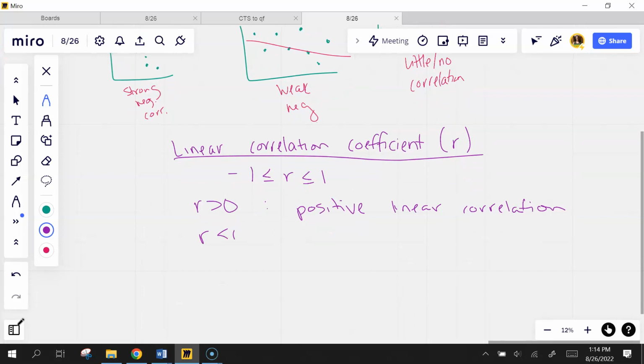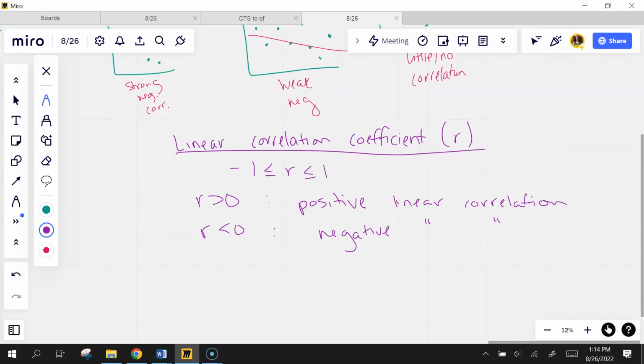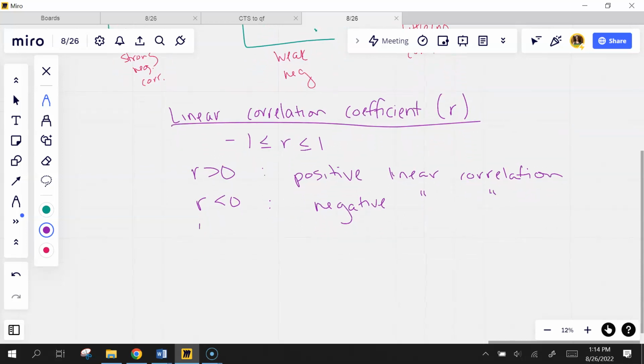If r is negative, that means it's a negative linear correlation. If the absolute value of r is 1, meaning r is either 1 or -1, that is the strongest linear correlation you can have.